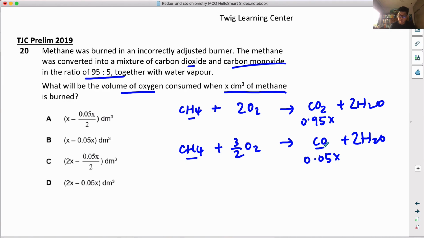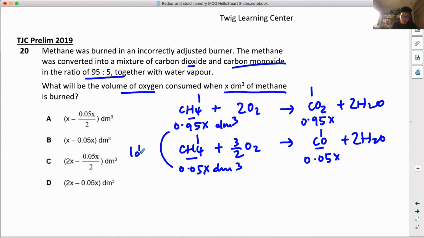If I work backwards, originally I used 0.95x dm cubed of methane over here. Since here it's also 1 to 1, the amount of methane here is also 0.05x dm cubed. Add them together, and this is going to be x dm cubed. That's how I could see it.